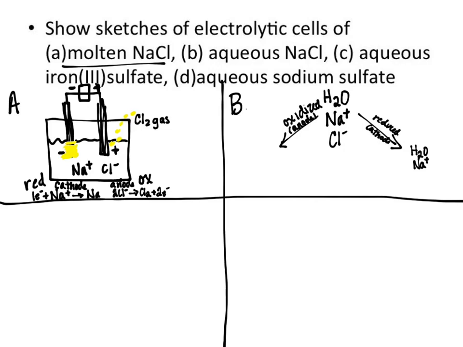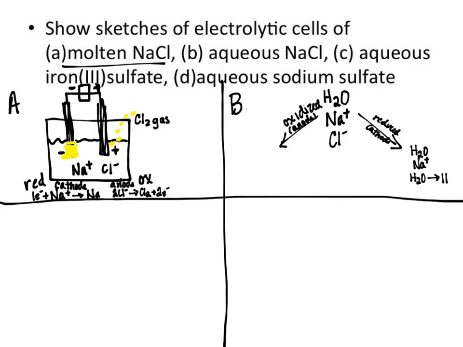Because Na is group 1, okay? Na is scary to these electrons. We're not going to go towards Na. So we're going to reduce water, and when water is reduced, we get hydrogen and our basic solution.